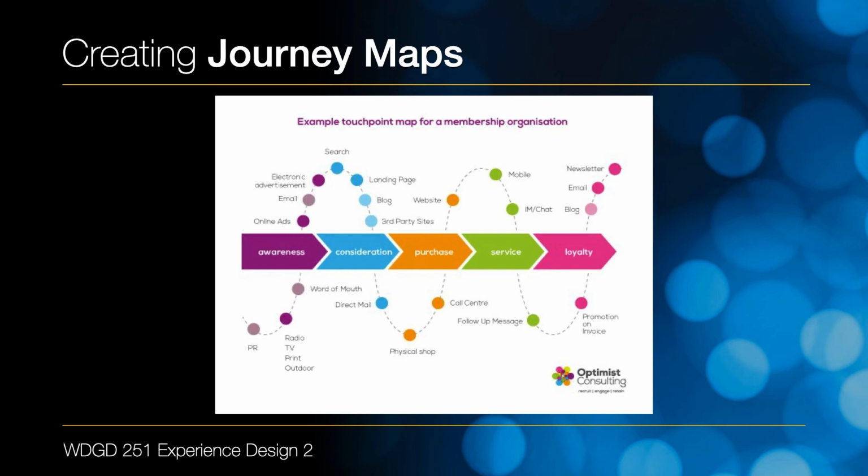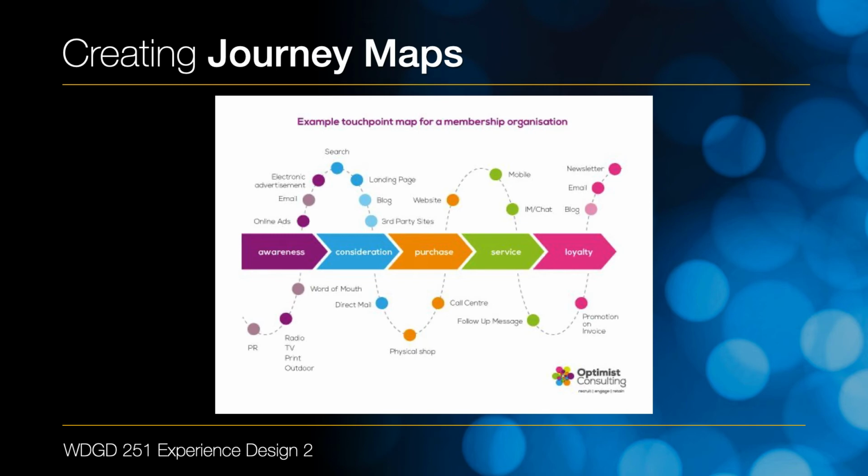This one is similar to one I showed you in the touch points. It lays out in detail all the potential touch points for this particular product, and it shows the different stages, the awareness, consideration, purchase, etc., and how those touch points relate to those different parts of the user journey.